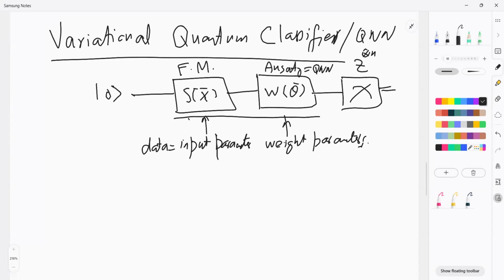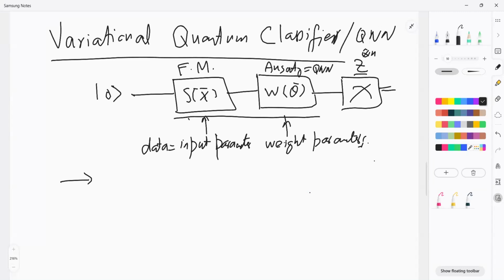At the end, we can choose a general observable, but even if this observable whose expectation value we compute is Z, that can be general enough, provided that we have a very good trainable circuit.